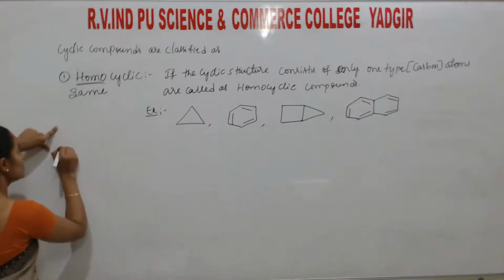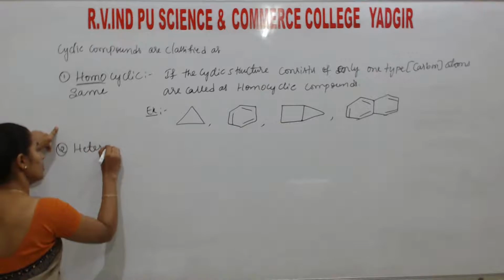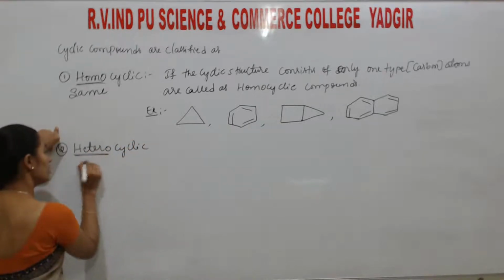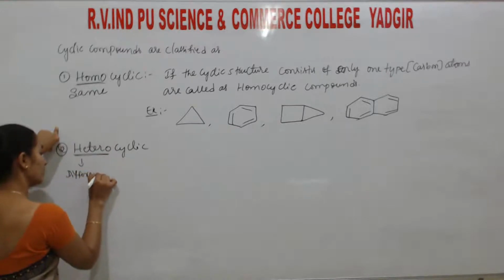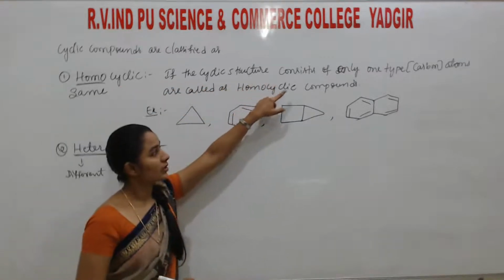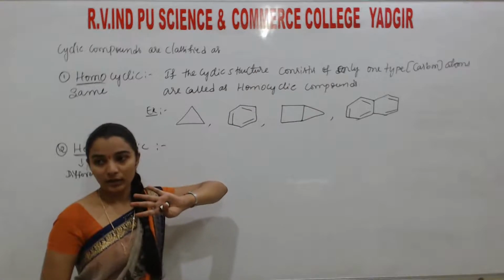Understand? Next, what is heterocyclic? Listen, hetero means different. You cannot say the cyclic structure consists of different types of atoms. It is not like that.